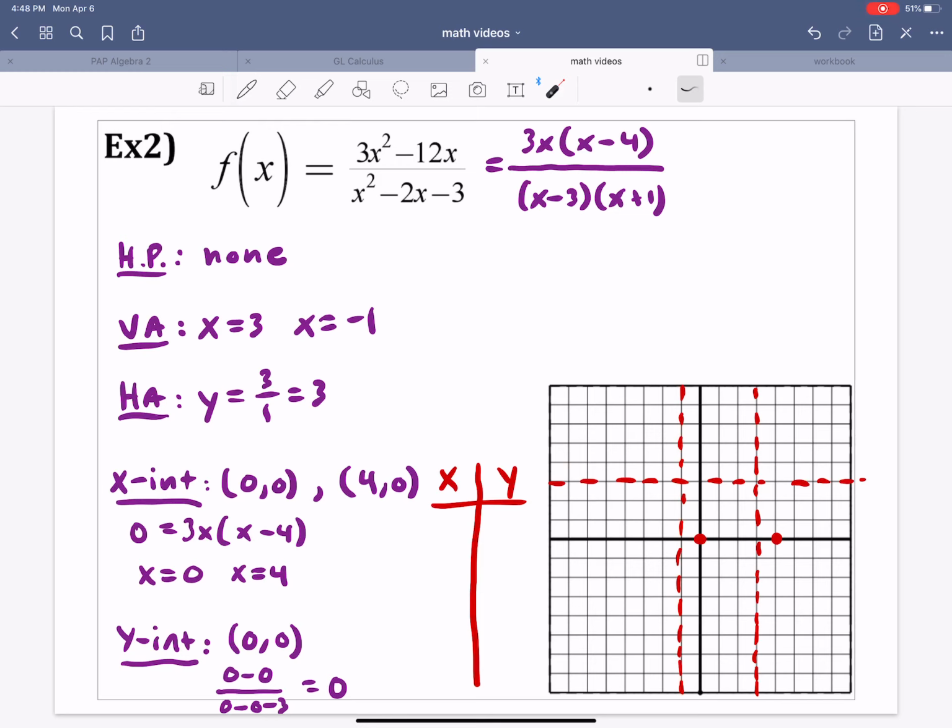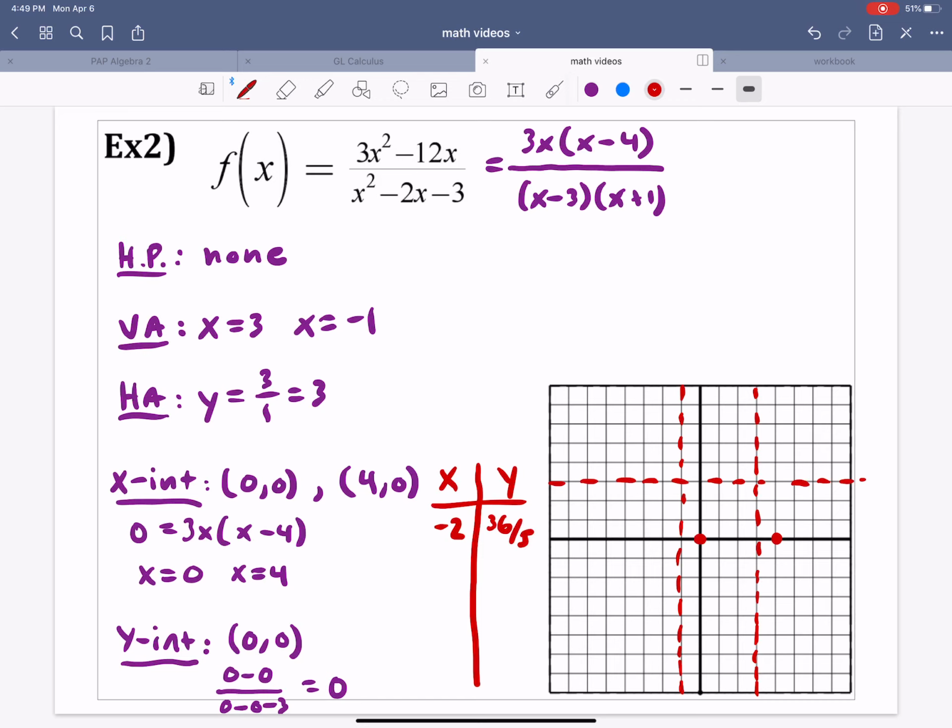Nothing crazy. Let's start with negative 2, okay? So when I plug negative 2 in for x, you can simplify that. I'll let you work on that. When you plug negative 2 in for x and simplify, pause it here and work on that real quick. But you end up getting 36 fifths, okay?